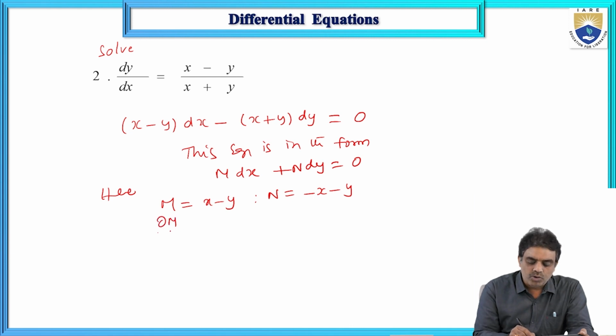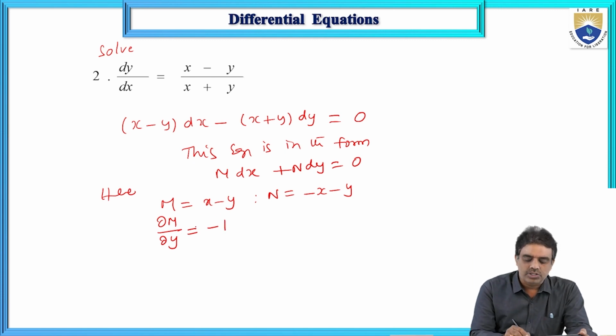Then dou m by dou y, the partial derivative of m with respect to y, is equal to minus 1, because x is 0 as we are differentiating with respect to y. X term is treated as constant, so this is 0 minus 1. Similarly, what is dou n by dou x?